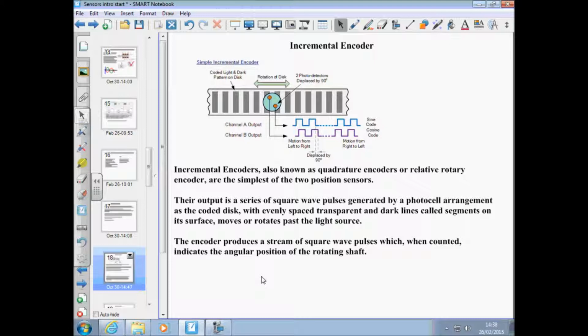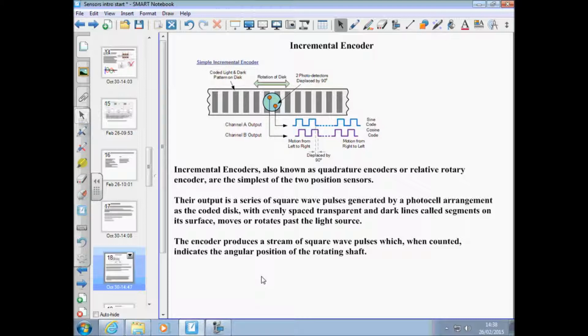So the incremental type is the less sophisticated type, and that can be a round disc, but this diagram helps to show exactly what's going on a little bit better. Imagine it being laid flat, really.